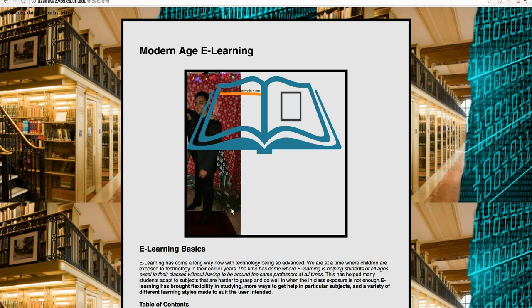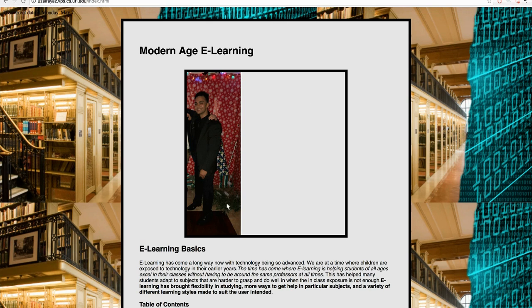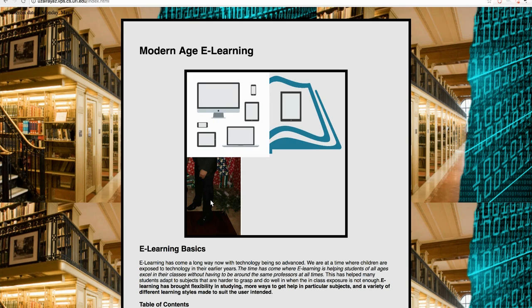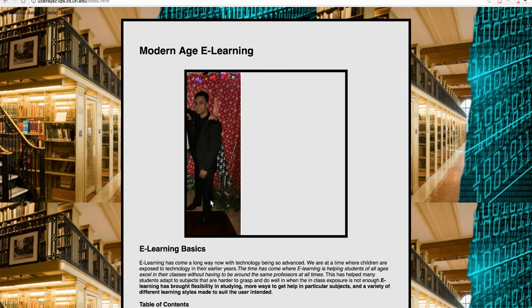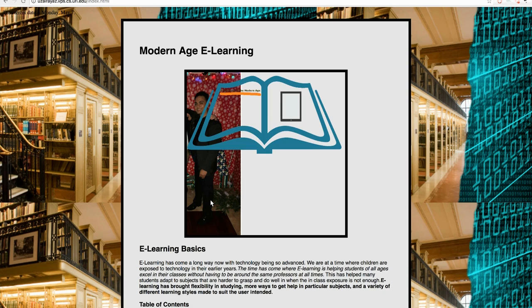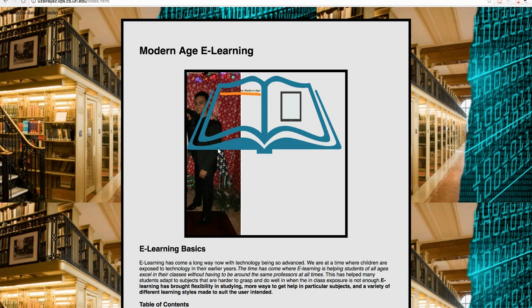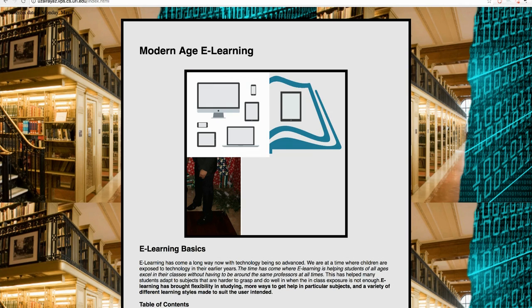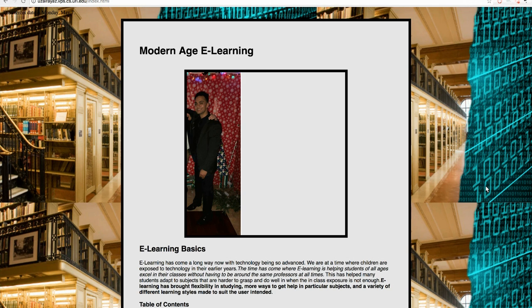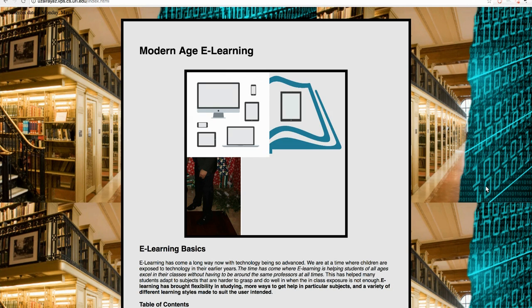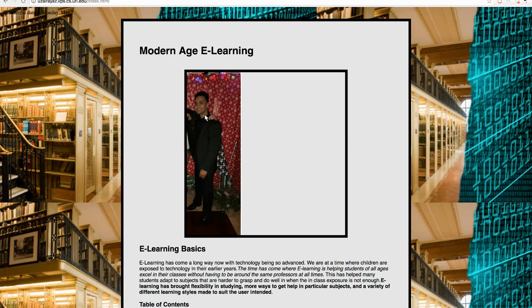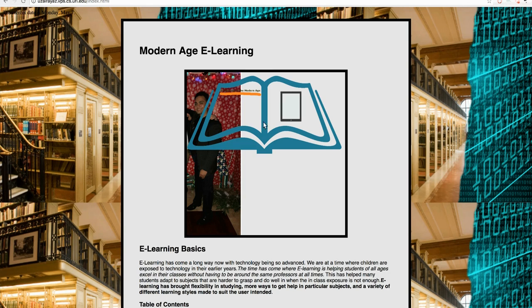Now, as you can see here, my picture, I cropped it using a tool called Pixlr. The picture here, I uploaded via my phone and used Pixlr in order to crop it and make it better to view for my website up here.